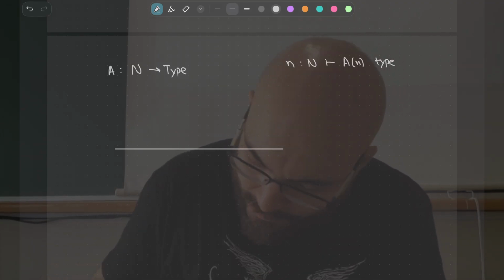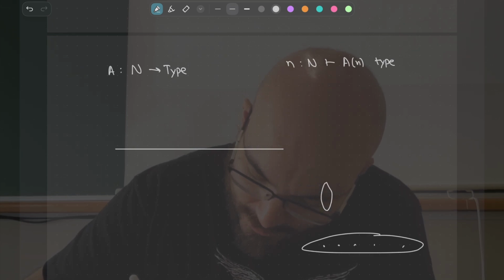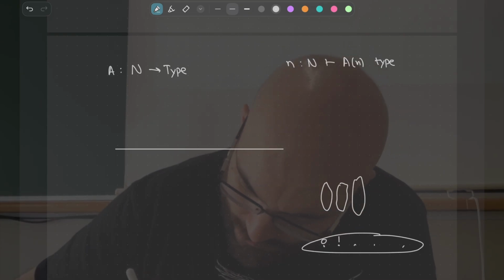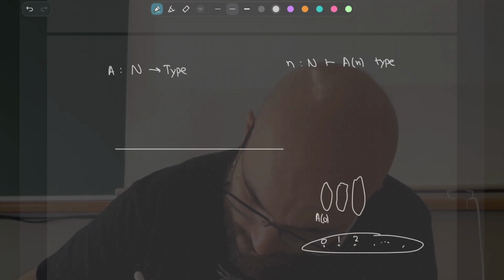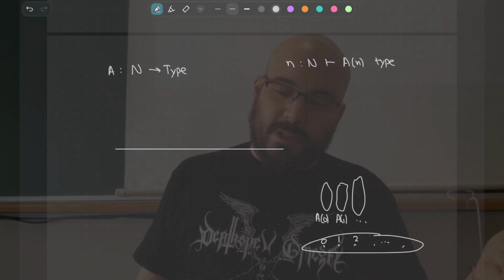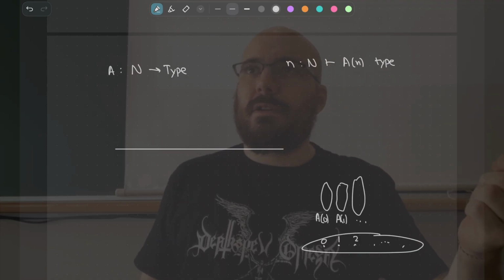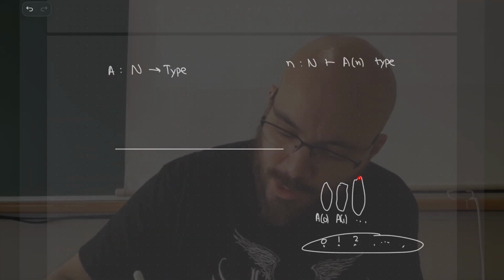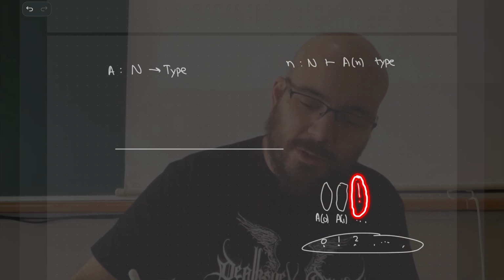The idea is that, remember, you have the natural numbers here, and over them you have these things hovering, these balloons. So this is like 0, 1, 2. So this is the type A of 0, the type A of 1. If I see propositions as types, the idea that n has a property corresponds to, let's say that 2 has a property, is represented by this type, and here are all possible proofs that 2 has this property.